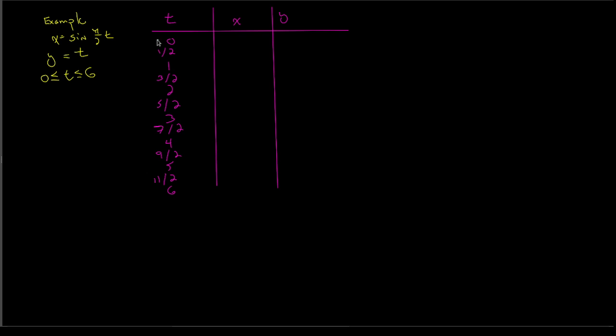And so we can really plug and chug at this point. If I drop 0 into x, 0 times pi over 2 is 0, and the sine of 0 is 0.